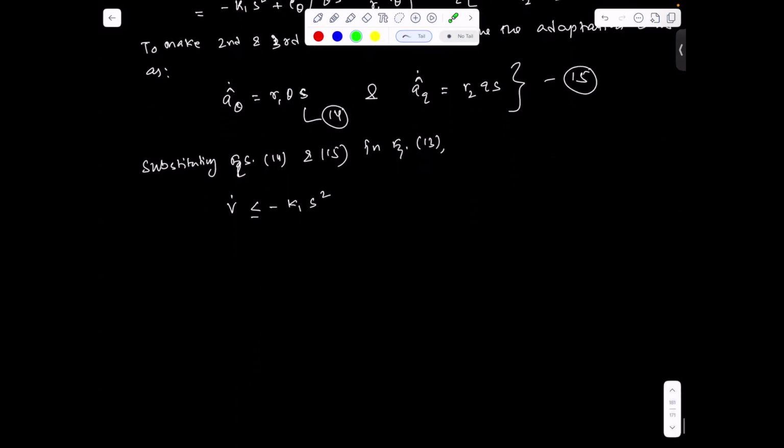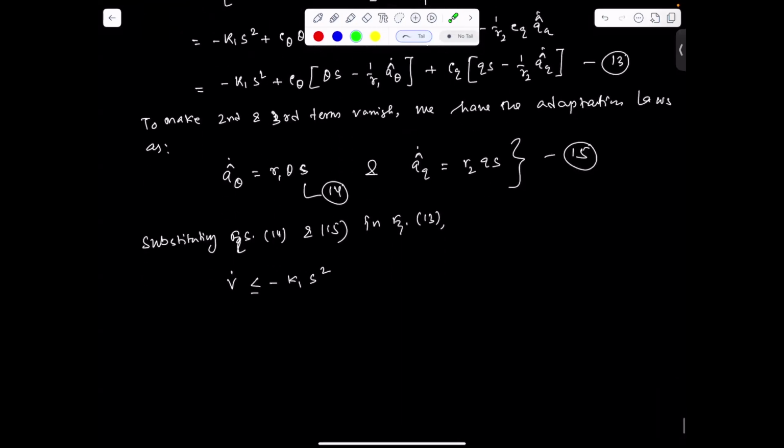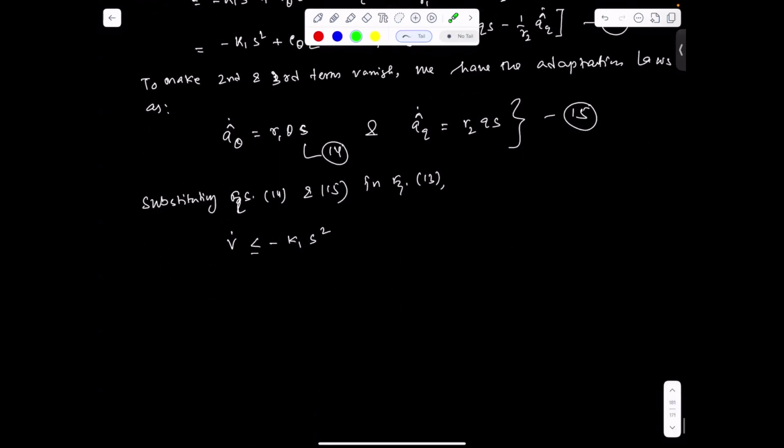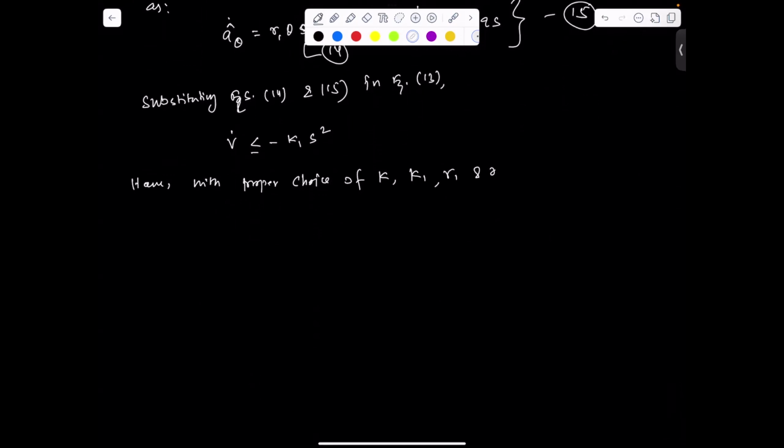So here, hence, with the proper choice of K, Q1, R1, and R2, the plant can be made stable.